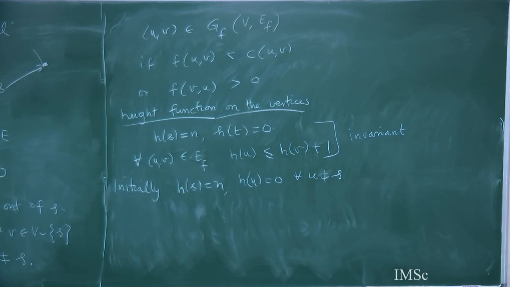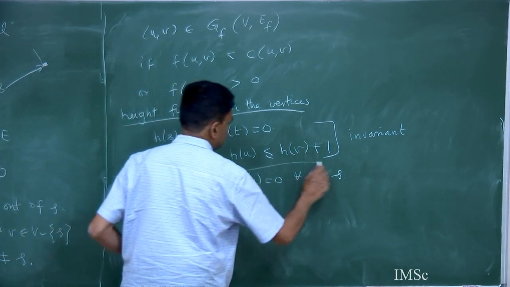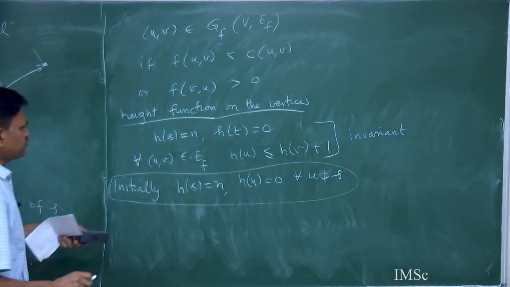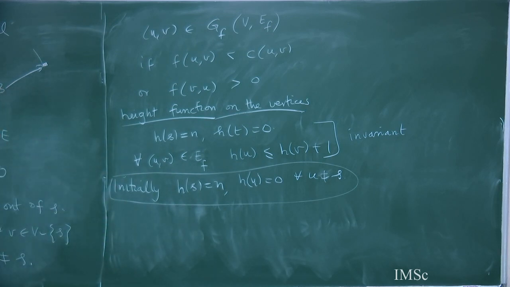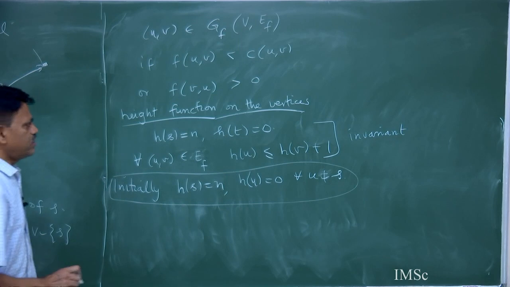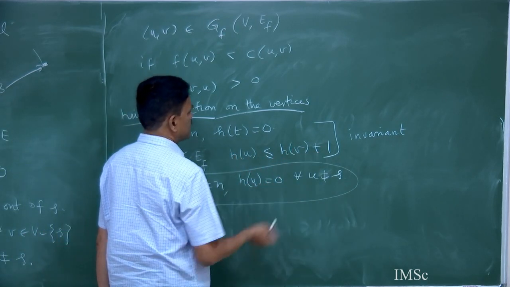Okay. So first of all, is it clear that this initial height function satisfies this condition with respect to the initial preflow? What is it I want to ensure? That for every edge in the residual network, height of u is less than or equal to height of v plus 1, right?